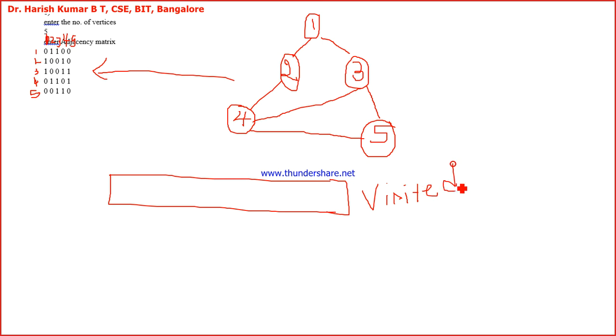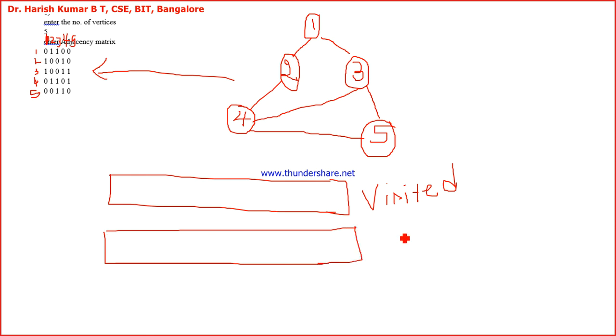This is visited, and then the stack. Since I'm considering 1 as a starting node, you got to visit it. So 1 is visited, and then I'm going to fill my stack by pushing the adjacent nodes of 1. So the adjacent nodes of 1 are 2 and 3.